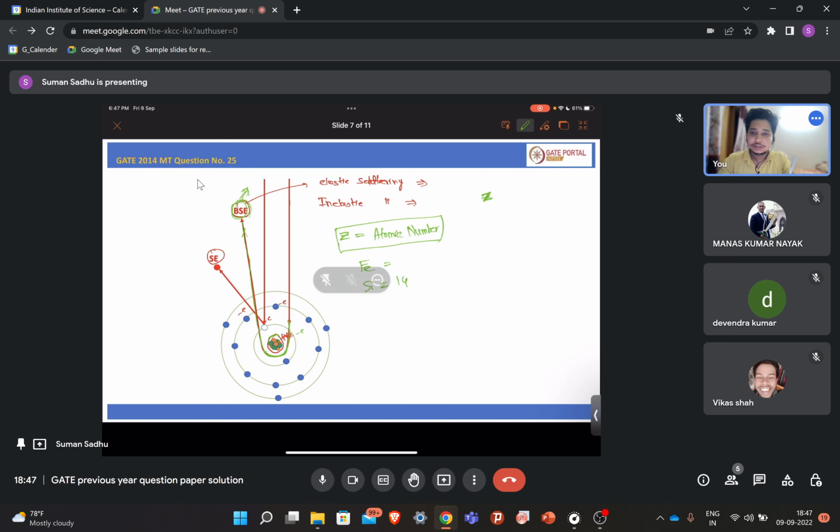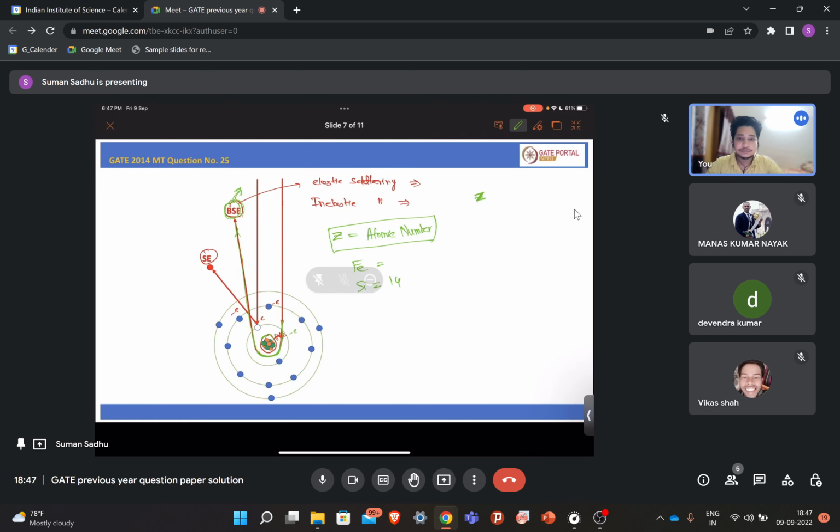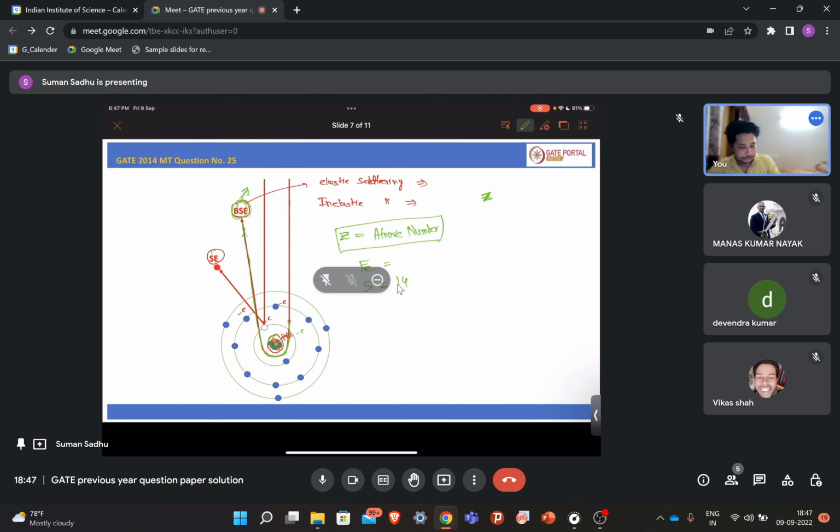Who told that about BSE electron? I think Manas, right? Okay. So BSE will give you the idea which element, but how much, it cannot give us that idea. So BSE electron will give you the Z contrast.